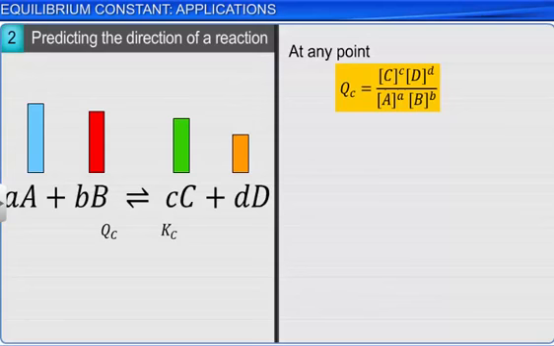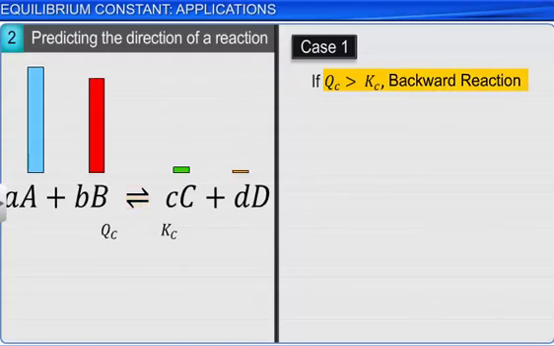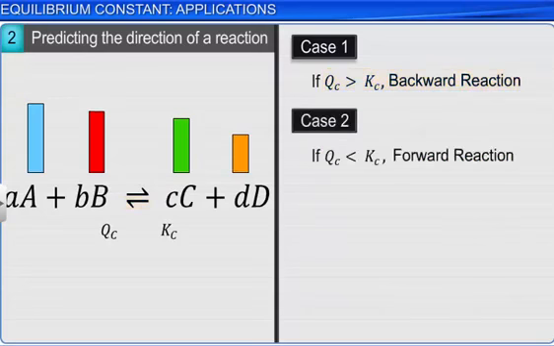Let us now examine how the reaction quotient and equilibrium constant help us in predicting the direction of a reaction. If the value of the reaction quotient Qc is greater than the equilibrium constant Kc, it means that the backward reaction takes place. In other words, the reaction proceeds in the direction of the reactants. If Qc is less than Kc, it means that the forward reaction takes place.